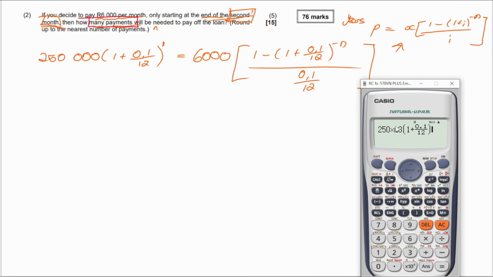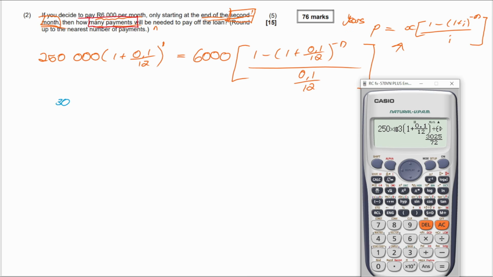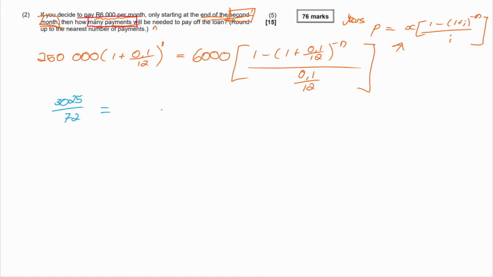All of this is to the power of 1, I don't really have to write that. Then I divide by 6,000. I'm going to leave this as a fraction. So on this side I get 3025 over 72. And then that is equal to 1 minus, and I'm going to put these together.